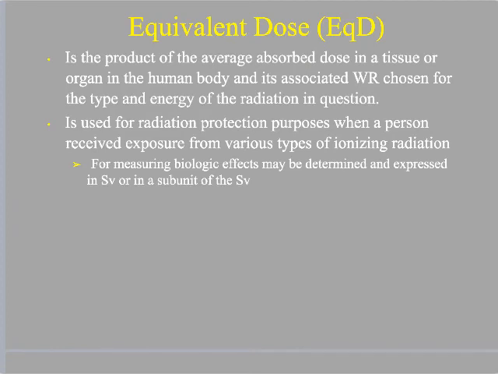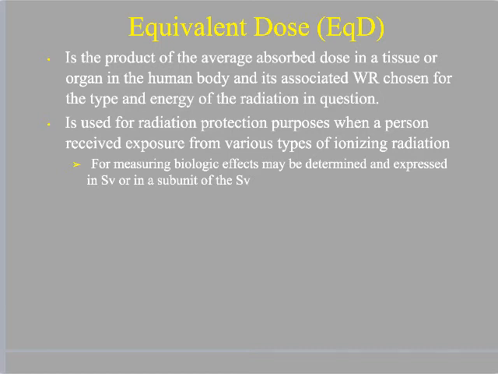So now that we've talked a little bit about linear energy transfer and how source impacts biological response, we can think about an equivalent dose. Sometimes it's abbreviated EQD with a tiny q for some reason. This is the product of the average absorbed dose and its associated radiation weighting factor. Okay?